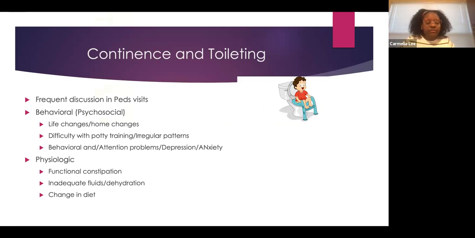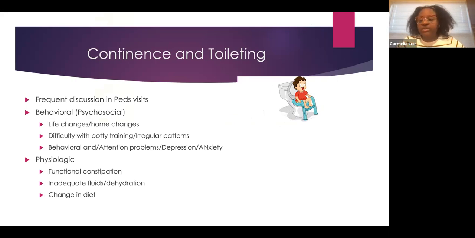So with most kids, you do a lot of talking about toileting, whether it's urinary changes, holding urine, or only using the toilet for number 1, not number 2.